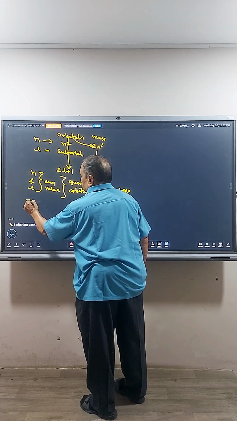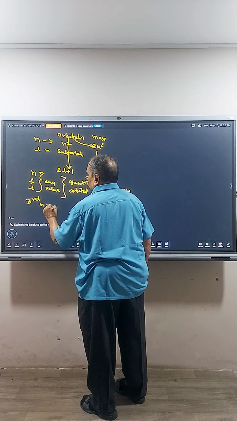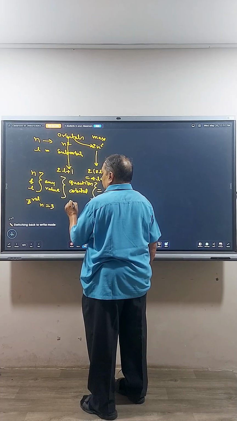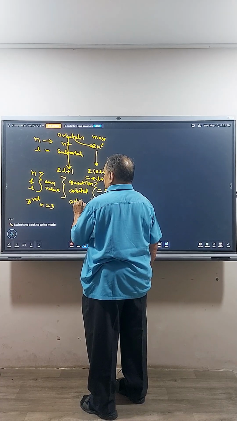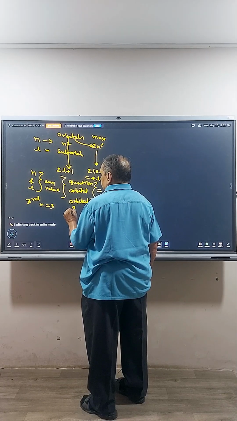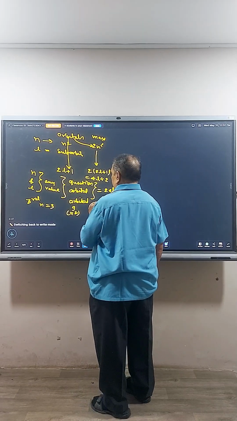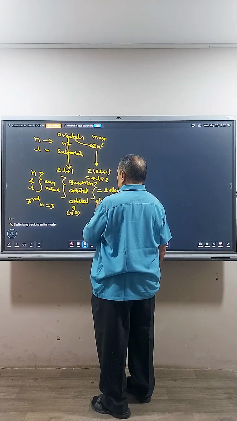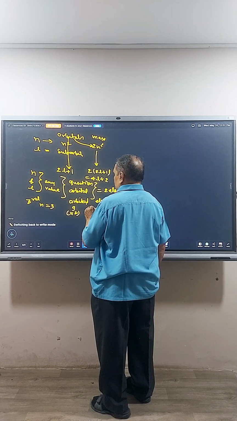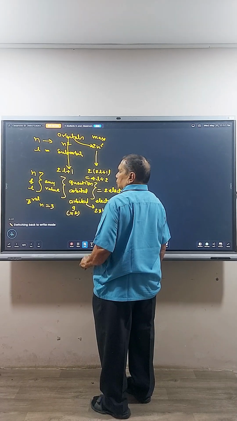Third orbit, n is equal to 3. Orbitals, 9, n square, that is 3 square. Electrons, orbitals into 2, so 2n square.